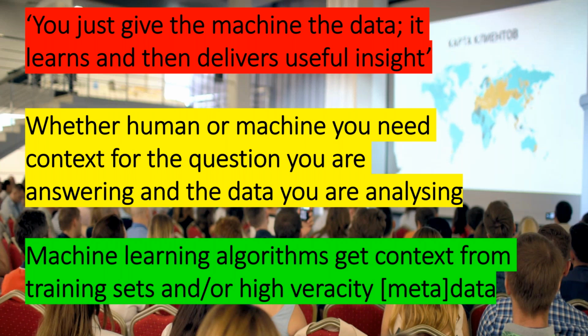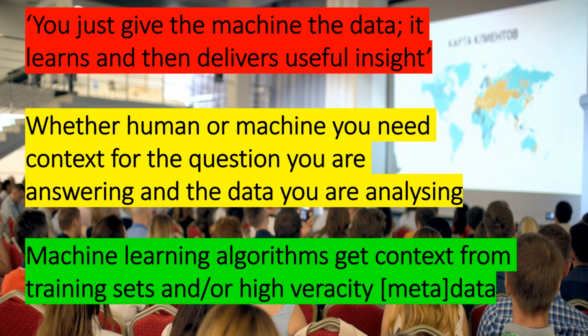You have to have the context for the question you're trying to answer and context over the data that you're analyzing. And right now, the machine learning algorithms, which is maths, get that context from training sets or metadata, and usually a combination of the two.